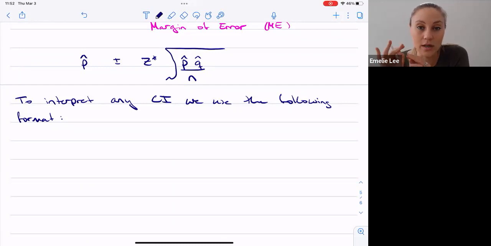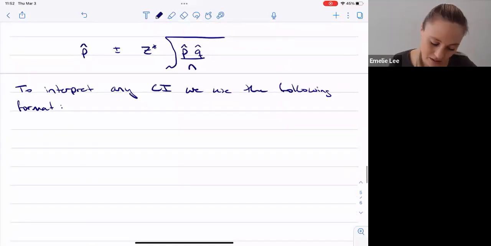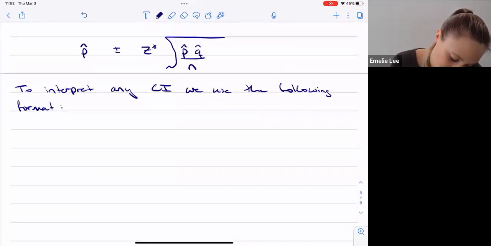such as it's not a probability of capturing the population proportion, right? It's some confidence level that we have captured the population proportion. So those are minor differences that are significant. So to interpret any confidence interval, we use the following format.